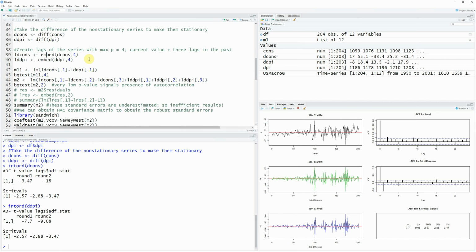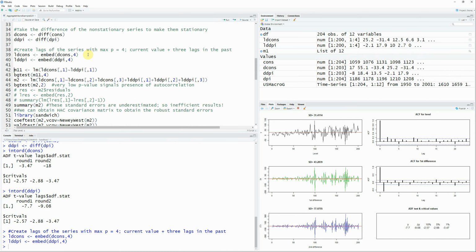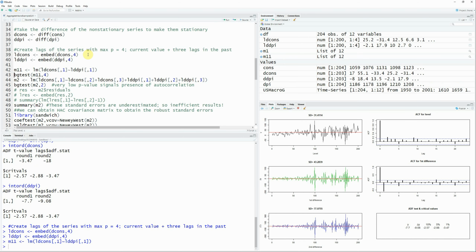Now I want to use the embed function to create the lags of my variables. Again, here is another mistake that we want to intentionally make to see how it works. We are only using the current values, so nothing from the lags. We are using stationary data, so we are doing one thing less wrong.